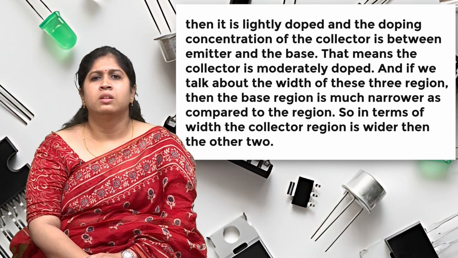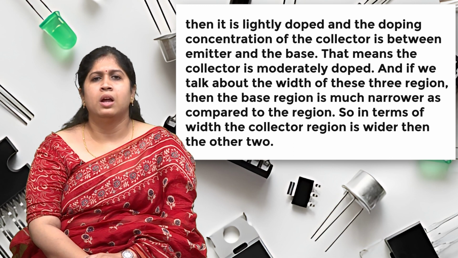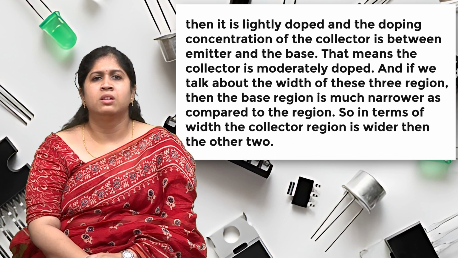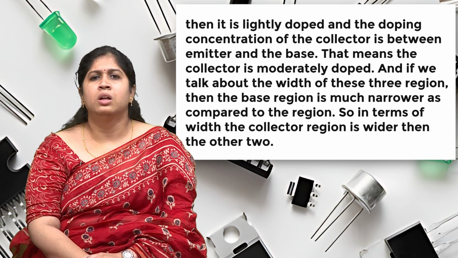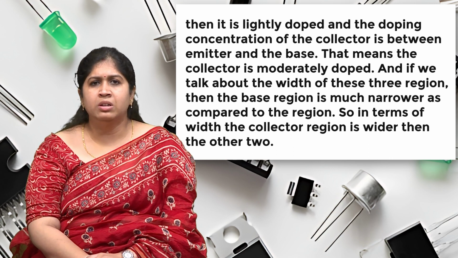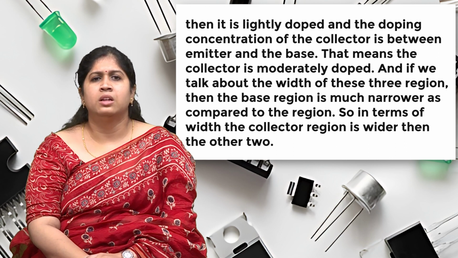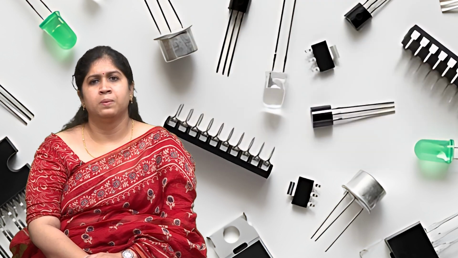That means the collector is moderately doped. If we talk about the width of these three regions, then the base region is much narrower as compared to the other regions. So, in terms of width, the collector region is wider than the other two.